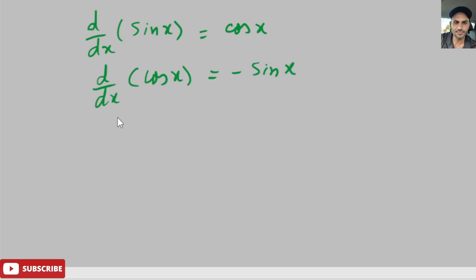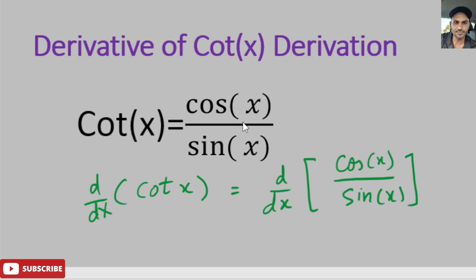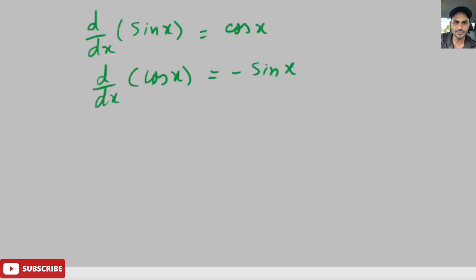Okay, and for the ratio we're going to use the quotient rule. So when we have a ratio of two functions, we can apply the quotient rule to take the derivative of this ratio. That is f prime of u over v equals v times u prime minus u times v prime over v squared.